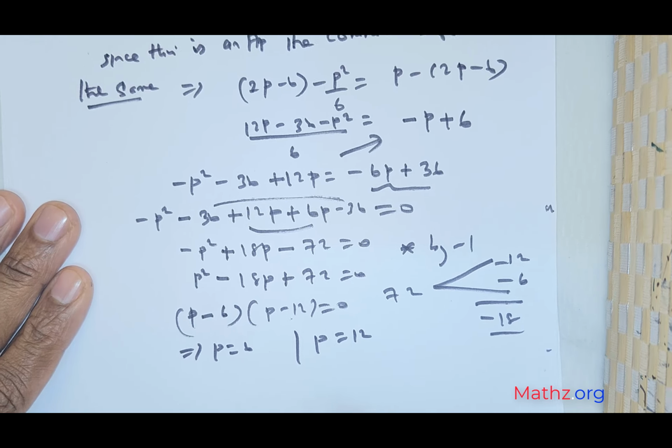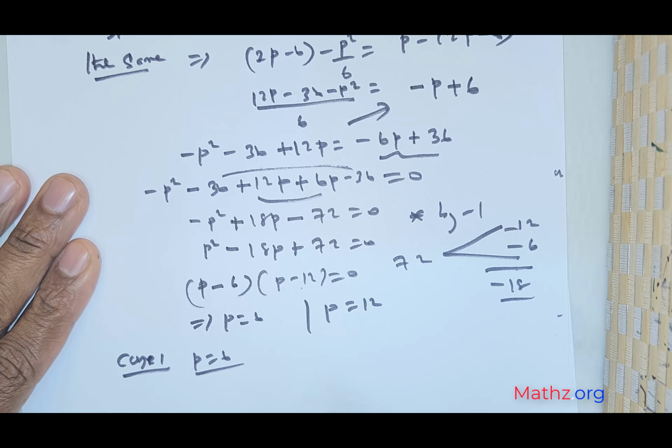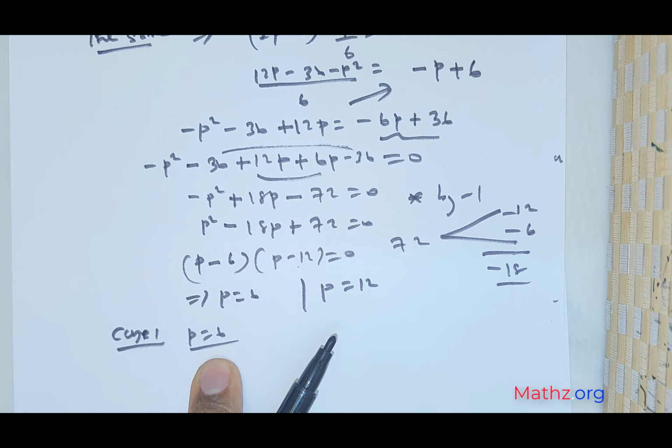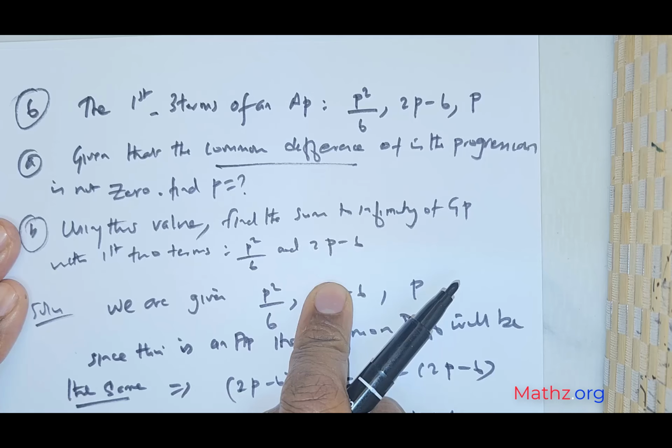Now I'm going to take case 1, which is p is equal to 6. I substitute the value into the AP that we have here.